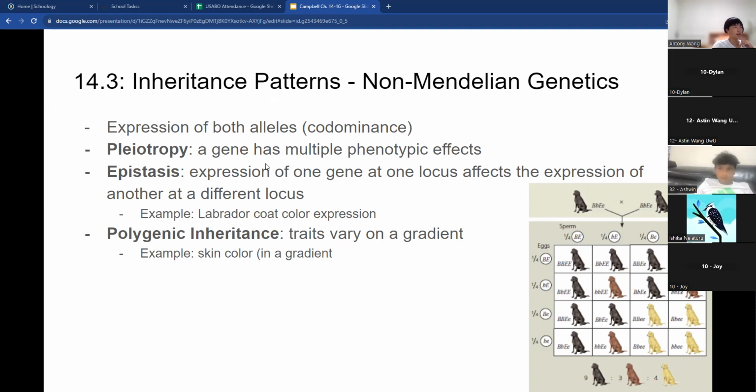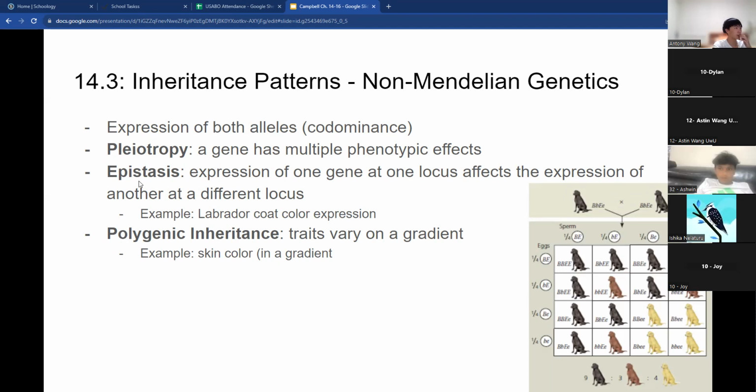This means that a single gene will code for a protein that has many different effects. Many of these pleiotropic genes are regulator genes that determine whether or not other genes are expressed.